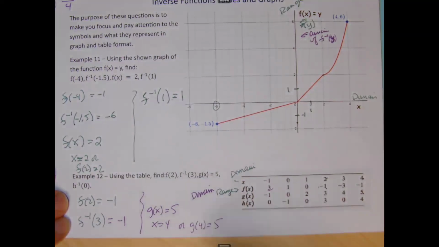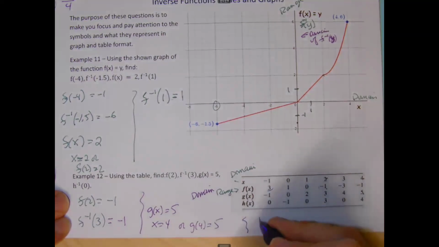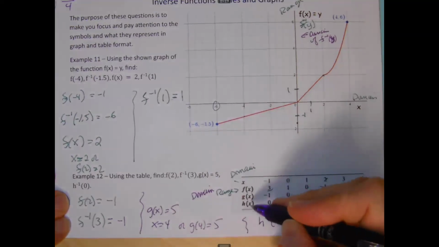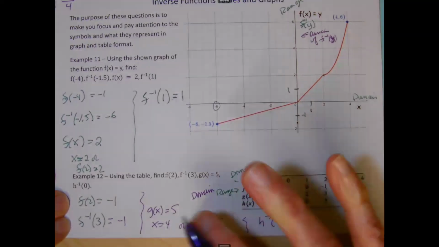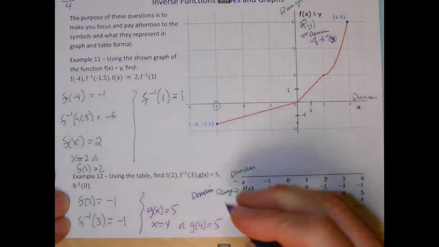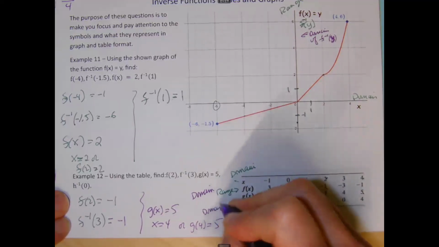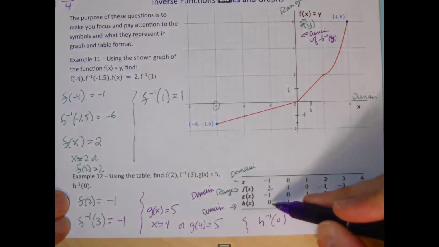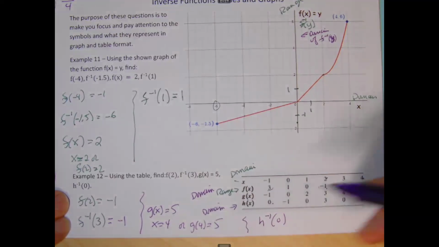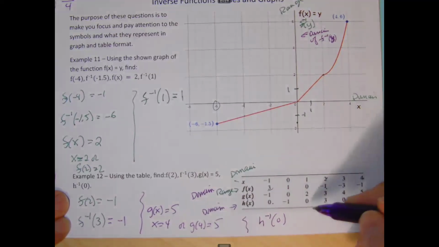Okay. One last check. What is h inverse of 0? Again, inverse means whatever used to be the range is now the domain. So now I'm thinking of this as a domain. I come over here, 0, follow it. Oh, this is not 1-to-1.